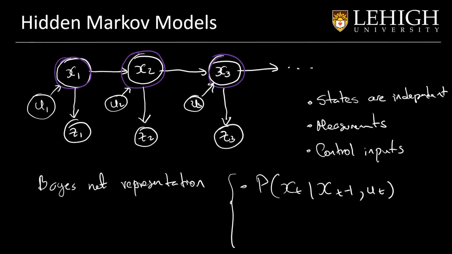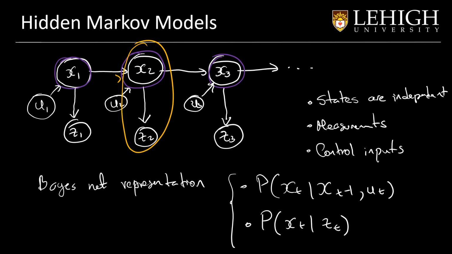So what if we combine these two values to obtain this value over here? That's the first part. And the second part that we can obtain is the probability of xt given zt, which is basically this part over here. Based on the measurements, we can also estimate the variable.